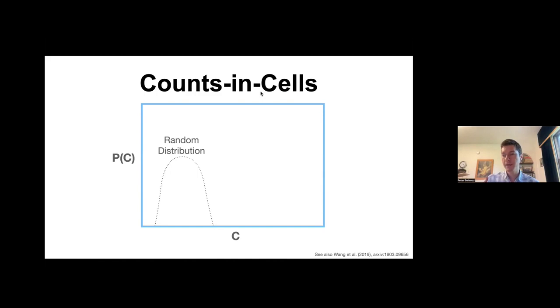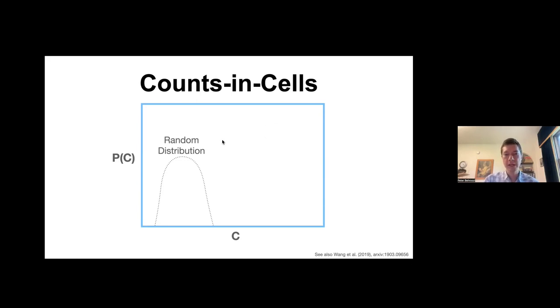I mean if you have a survey, you randomly pick points in that survey, and then you count how many galaxies are in apertures of a certain projected distance. And then you plot the probability distribution of those counts in those apertures.